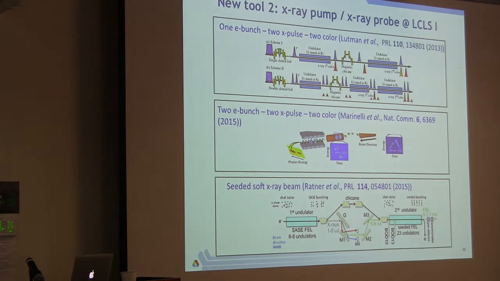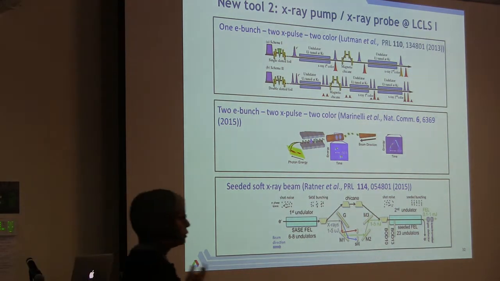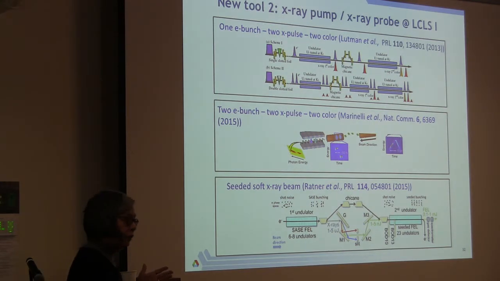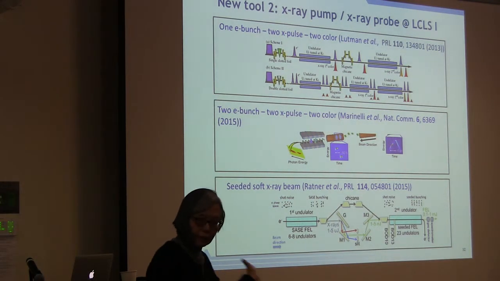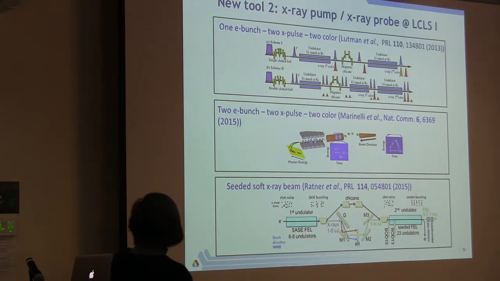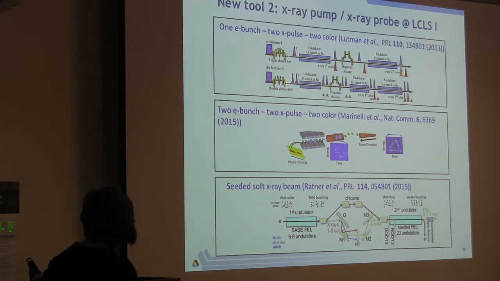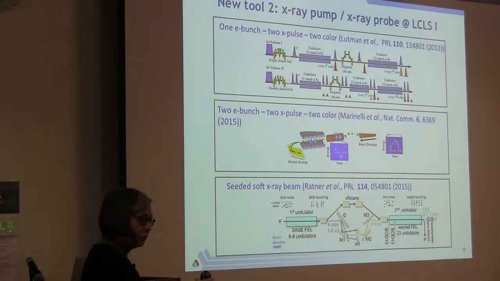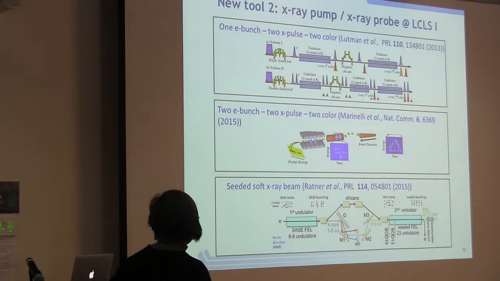And then the second new tool that one has are these new things that you can do at LCLS. Everything I told you before was just the fact that you have a single SASE pulse coming down, but actually there are these new things that have been developed in the last few years. This one in particular, 2 electron bunches creating 2 X-ray pulses with 2 different colors just came out, and that's being used to do an X-ray pump, X-ray probe experiment, which is quite cool.